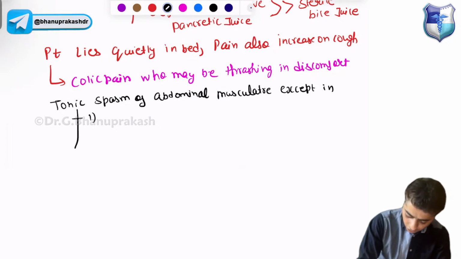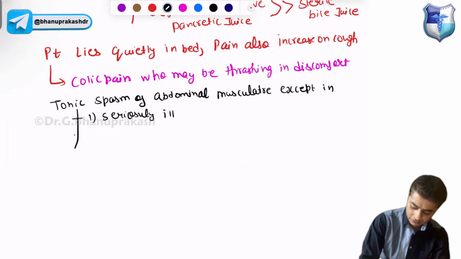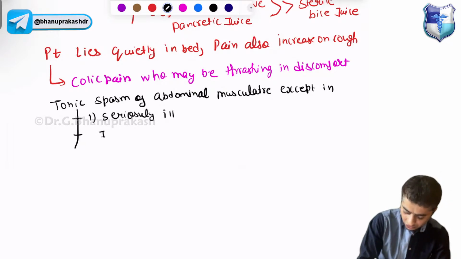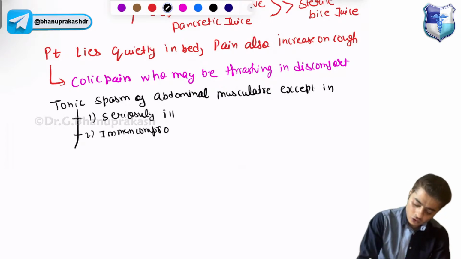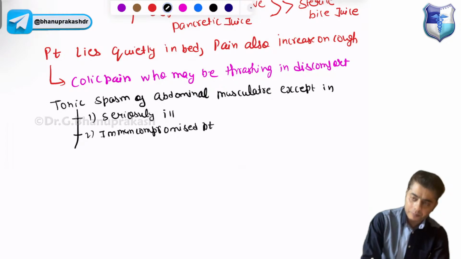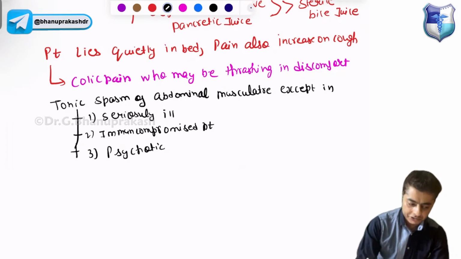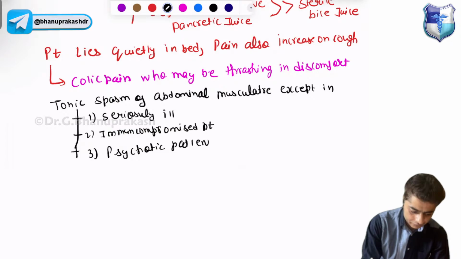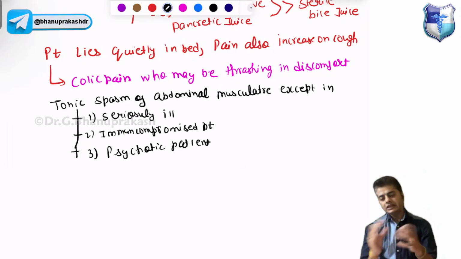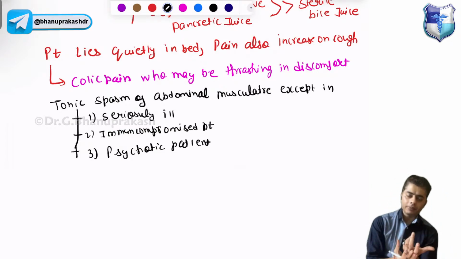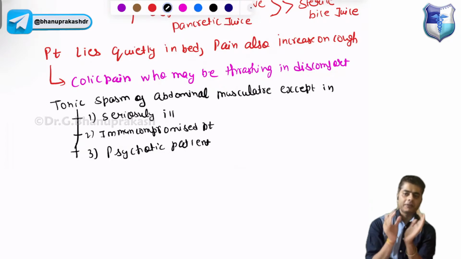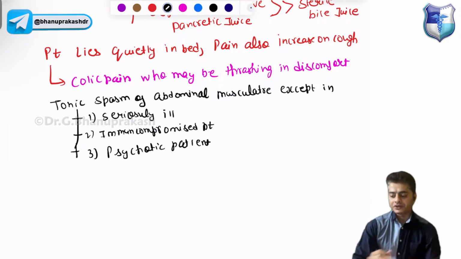These are seriously ill patients, then immunocompromised patients, and third, psychotic patients. In these kinds of patients, there will be pain like parietal peritoneum, but the classical feature, that is spasm of abdominal musculature, will be absent.